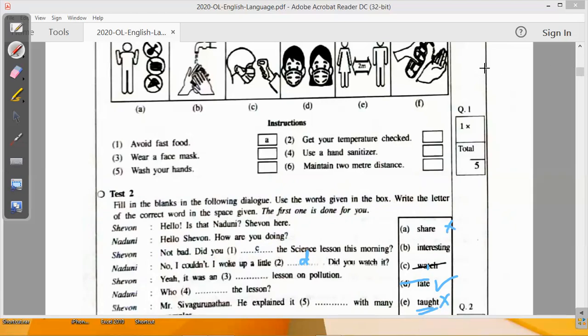So I'm going to go a little bit down and see, right? It has to be an interesting lesson on pollution. Interesting means it's something that you feel like watching, right? So it has to be then B.